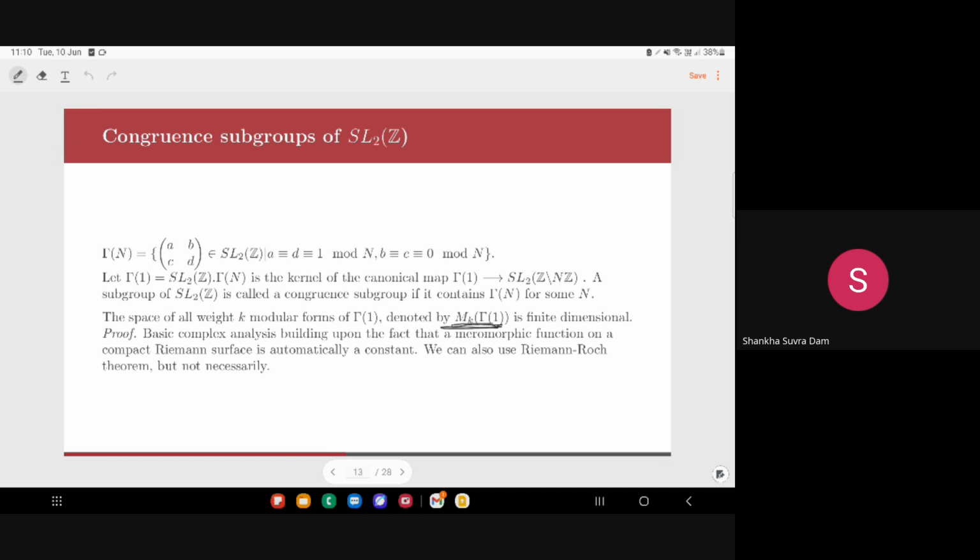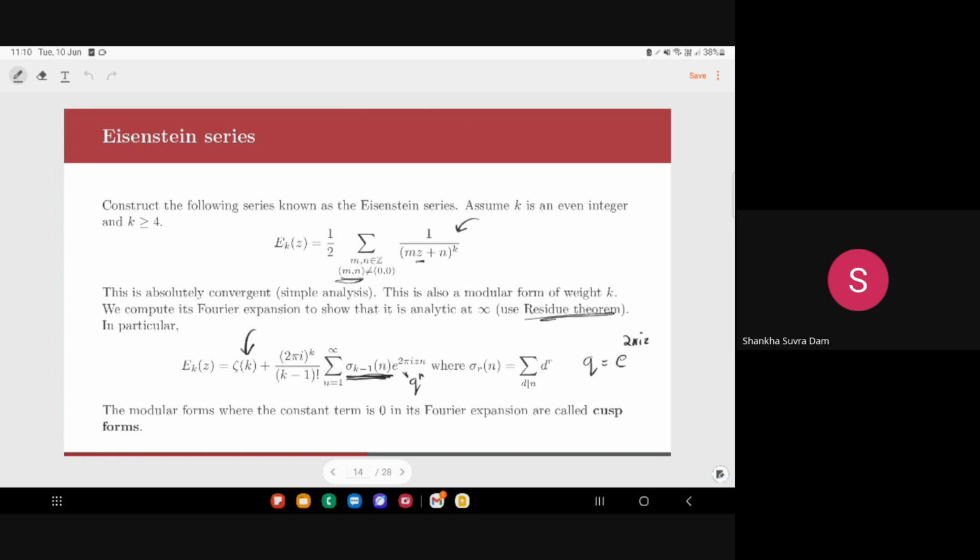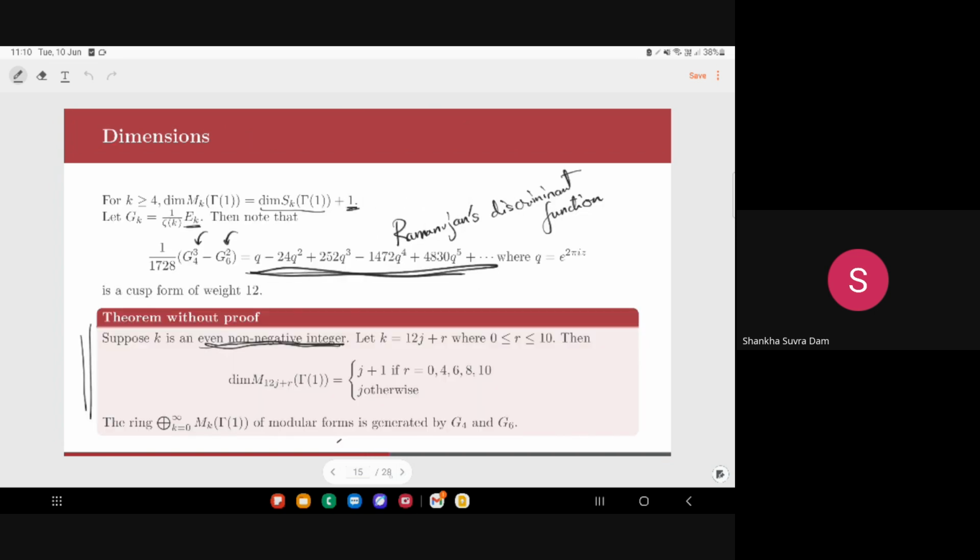Where was I? Cusp form is fine. This proof is very involved, so I would generally not even try to motivate it here, but still, it's quite simple calculations, I would say.